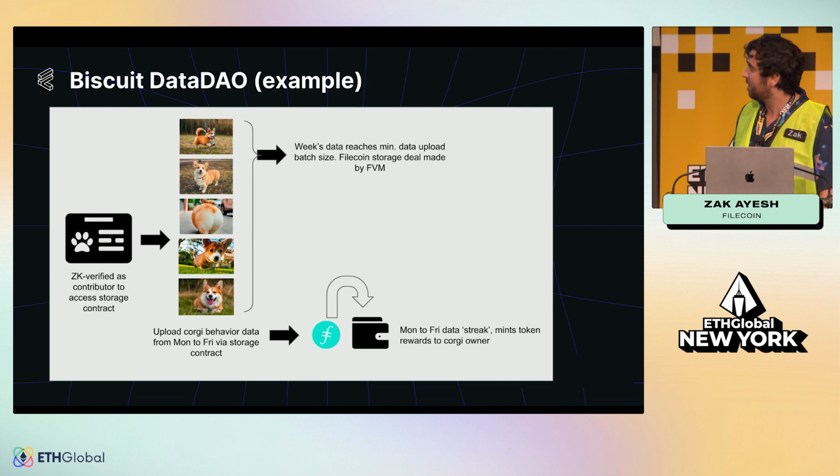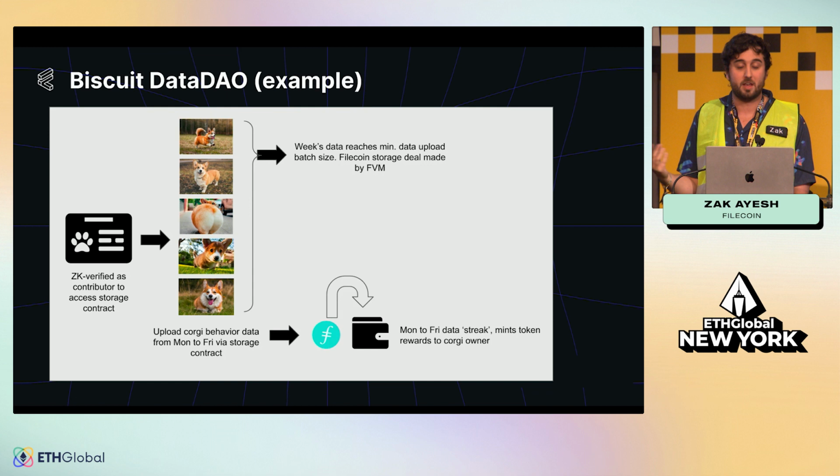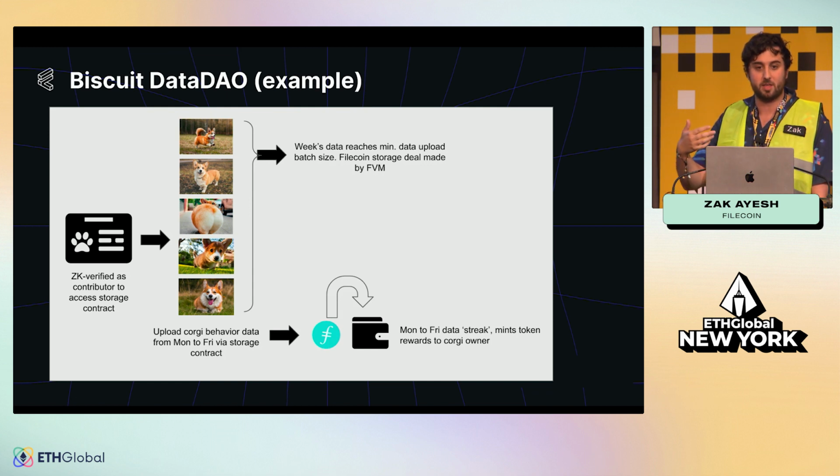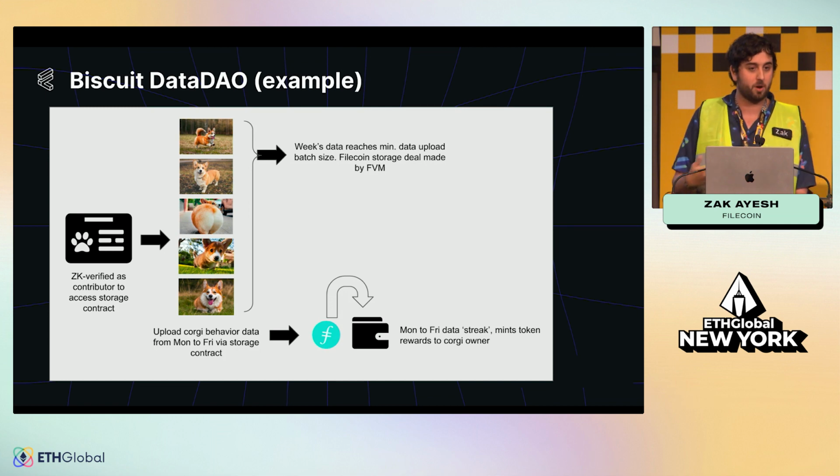Maybe it's open. And they upload Corgi behavior Monday to Friday on the Filecoin chain. And as a reward, they get tokens, some kind of Biscuit token maybe, that they can use to further vote in the DAO. It can have value. They can sell it on the open market.